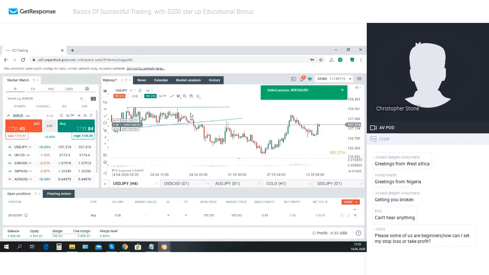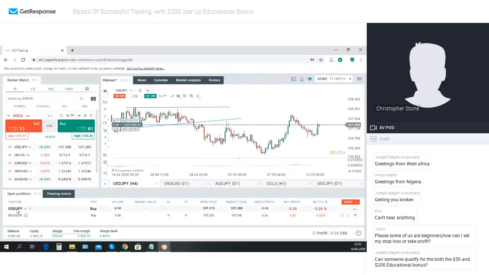So for example, we just have a lot of 0.5. We just open a position. How to set stop loss in open positions? In open positions, SL means stop loss, and TP means take profit.